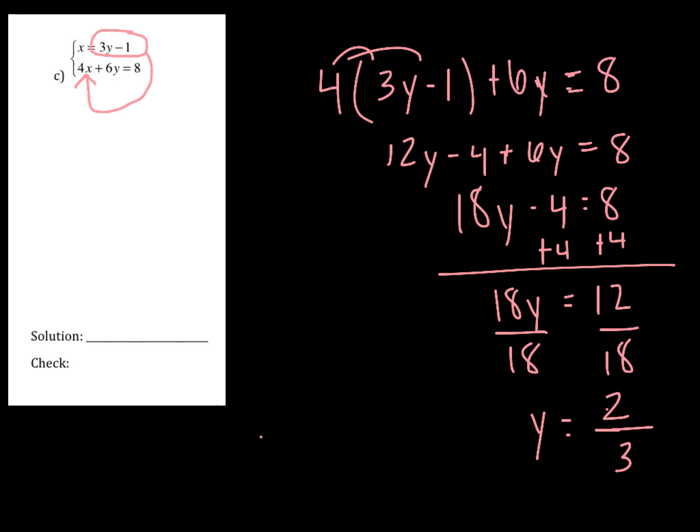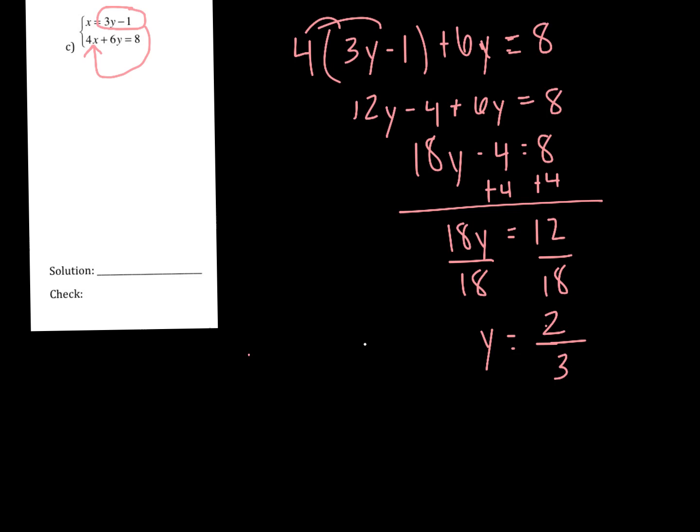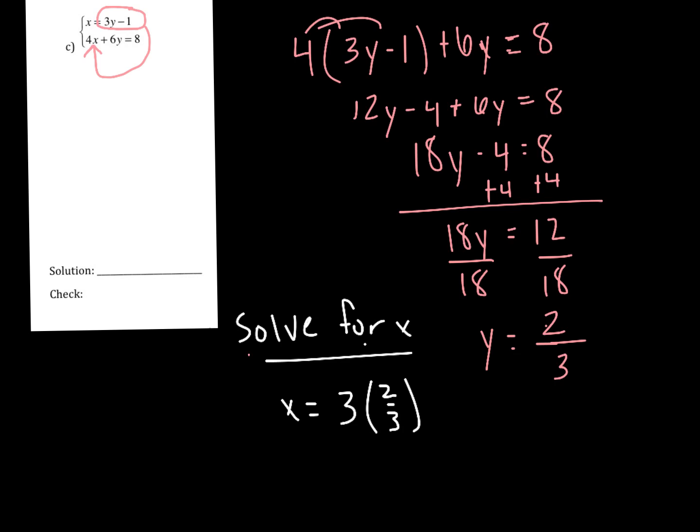So now that we have our y value, we can substitute it into either equation to solve for x. So now we solve for x. I'm just going to plug it into the first equation. So we get x equals 3 times 2/3, which is y, minus 1.